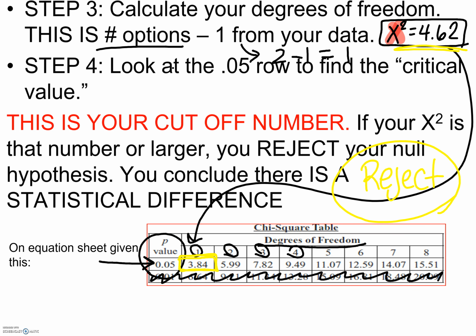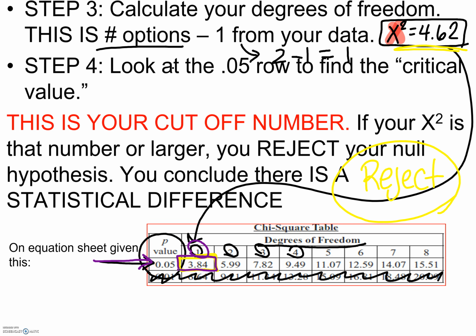I'll repeat that one more time. We get our degrees of freedom. That tells us which column to look at. We're always looking at this row. In this experiment, our degrees of freedom was 1. That tells us our critical value, or cutoff number, is 3.84.